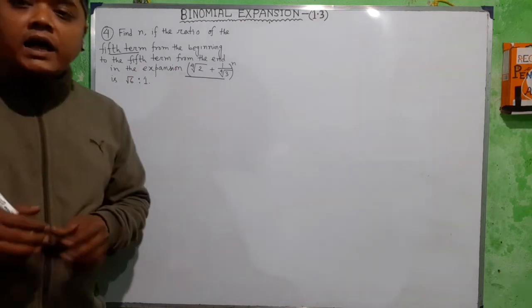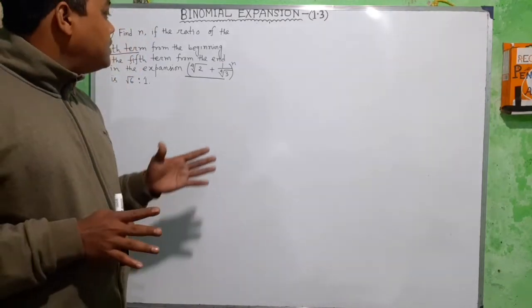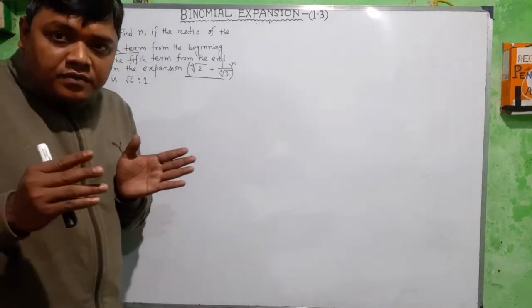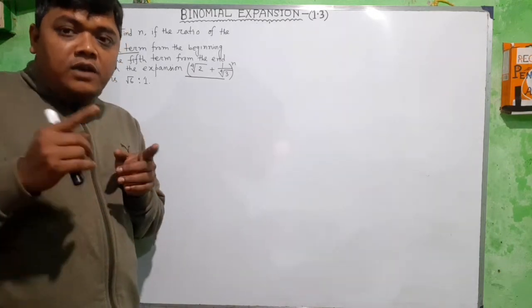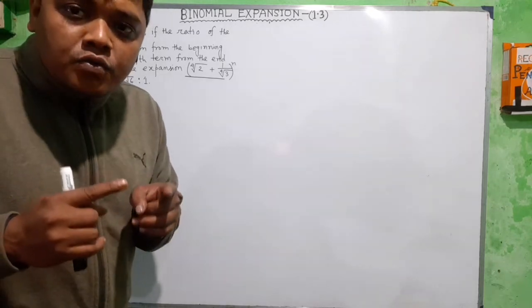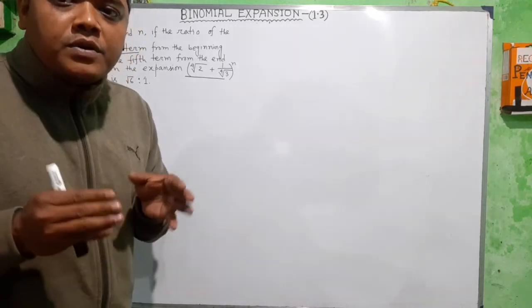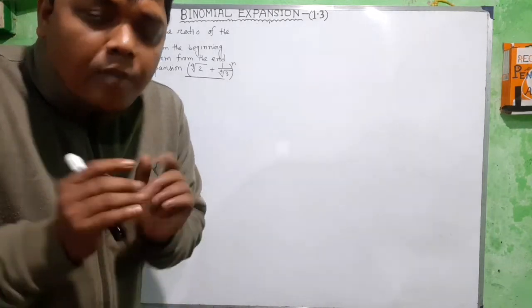That means I have to determine the value of n when the fifth term from the beginning and the fifth term from the end have the ratio root 6 is to 1. So I have to determine the value of n from this relation.